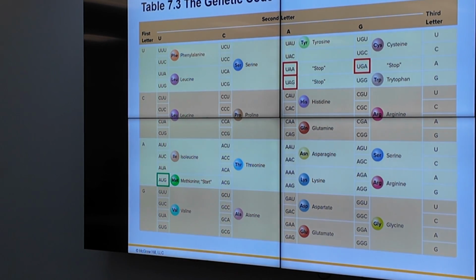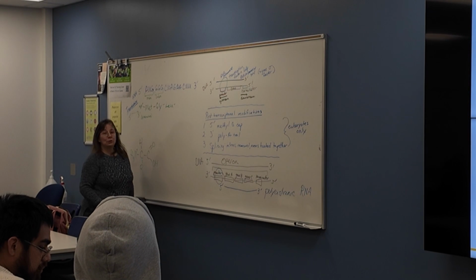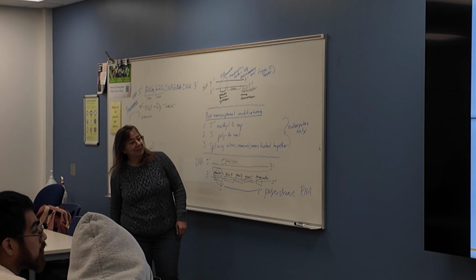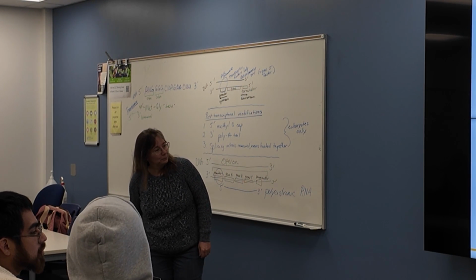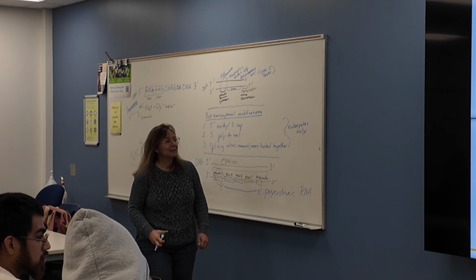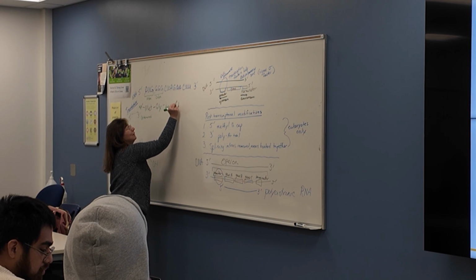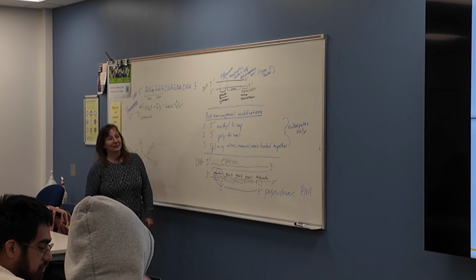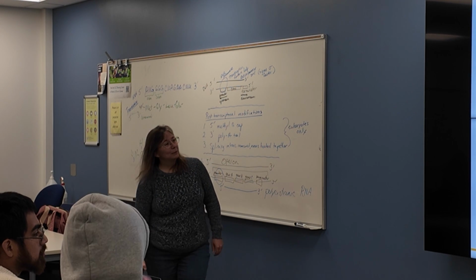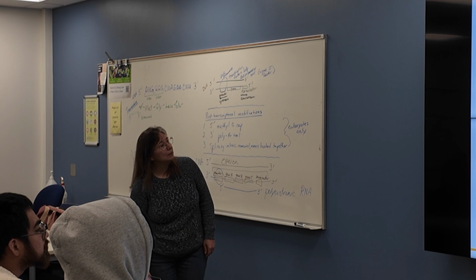So I will have you do one of these on your exam. What's GAA? Glutamate. GLU? Yeah. And we got one more. CUU. CUU would be leucine, another leucine.